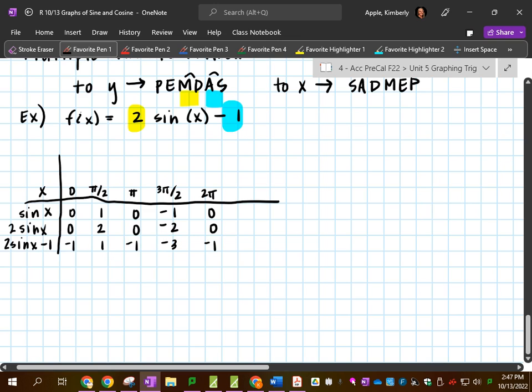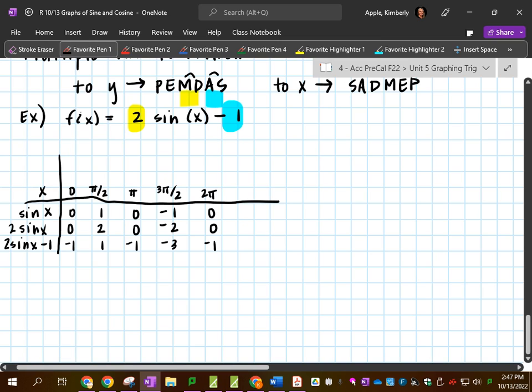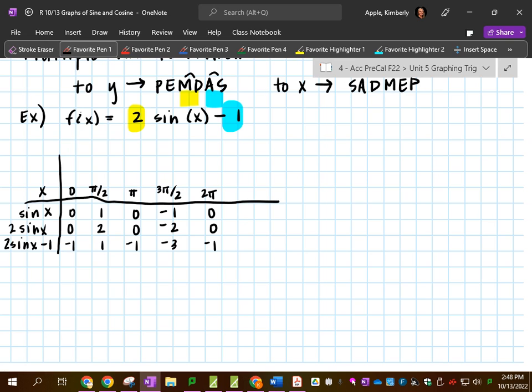So I went through 2 iterations. Now, could you do both of those things without writing an extra line in the table? Yes. I'm just trying to show you step by step what to do, and when you look back, you'll be able to follow what I did. In practice, you could just multiply by 2 and then subtract 1 in one step. That's cool, as long as you do it in the correct order.